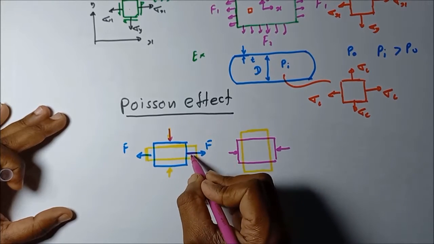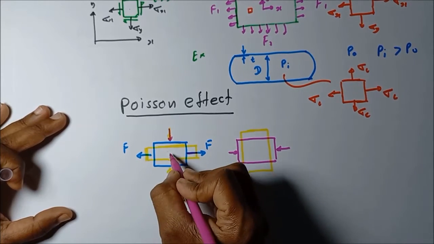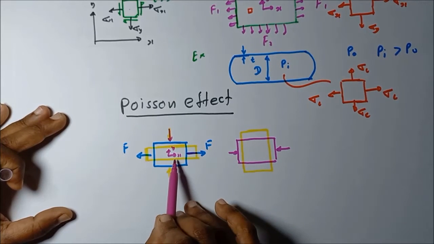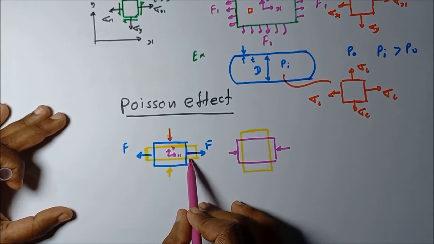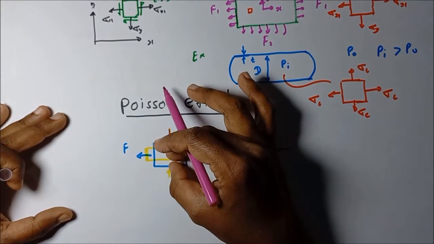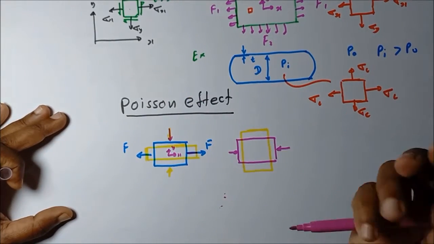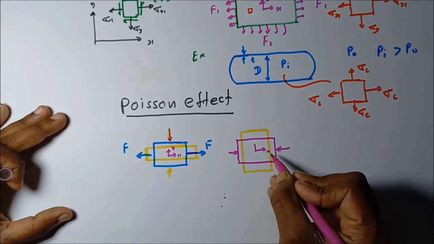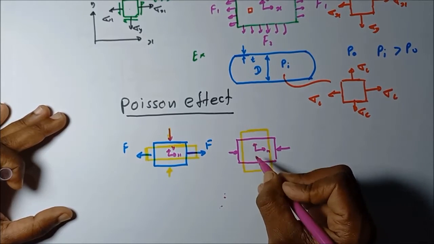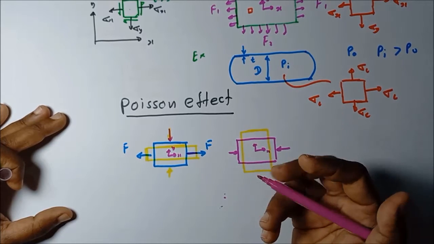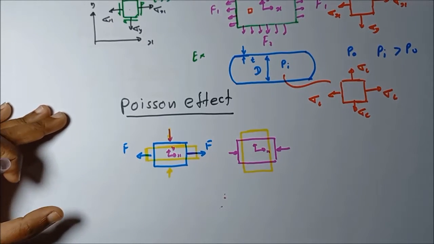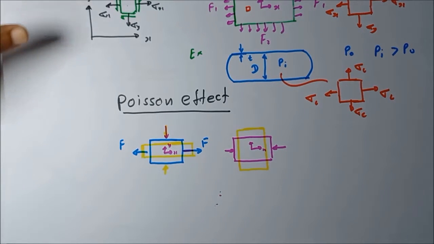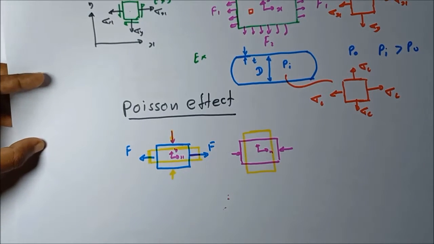That means if we assign the coordinate system x and y, the strain in x direction is positive, then the strain in y direction is negative. Here, the strain in x direction is negative, and the strain in y direction is positive. You can see axial strain and transverse strain have different signs according to the two different situations.